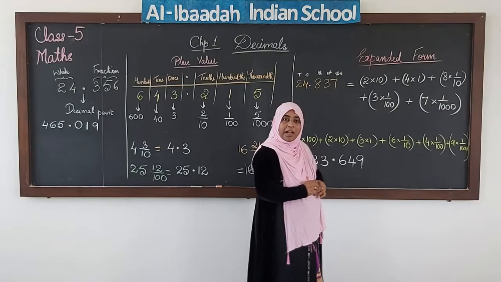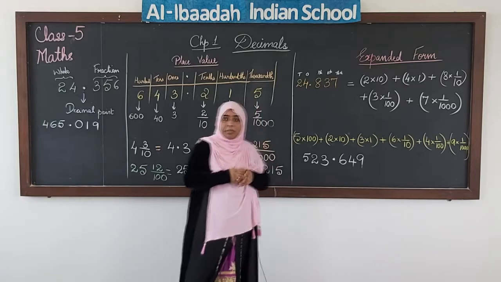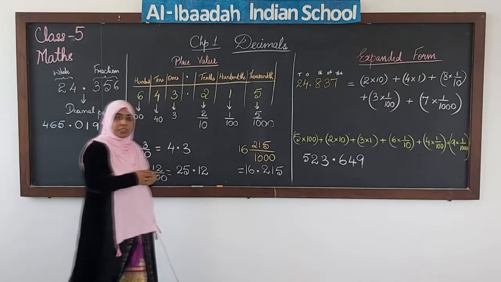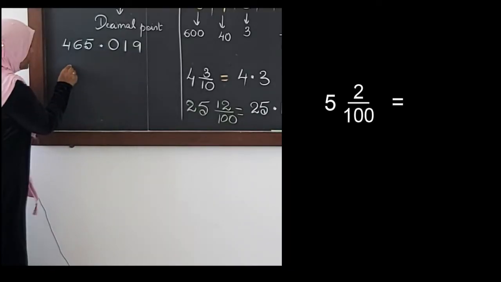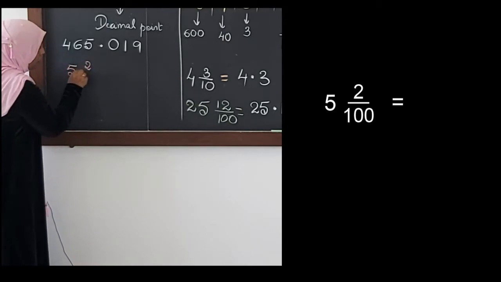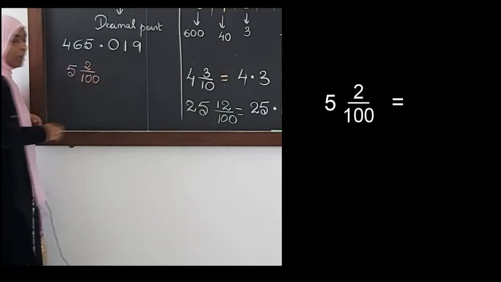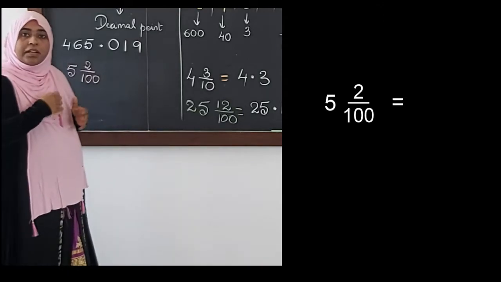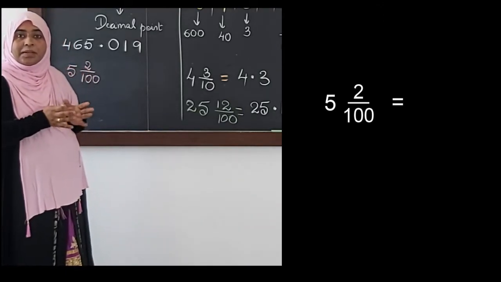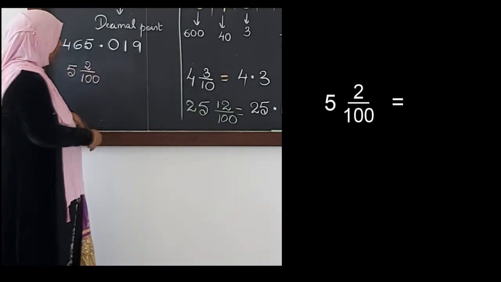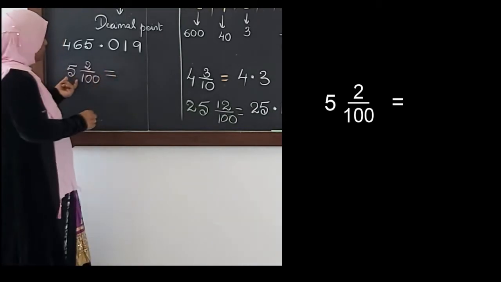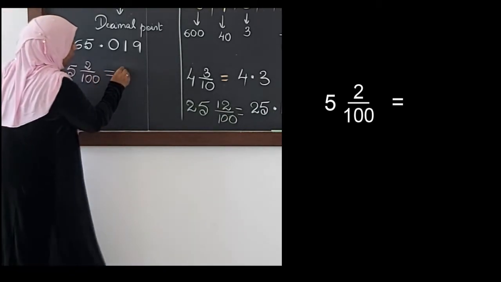Okay, what if we have a fractional number or a mixed fraction in a form like this, 5 and 2 by 100? How will we convert this to a decimal number? Let's see how we do it. Here 5 is the whole number, so 5.